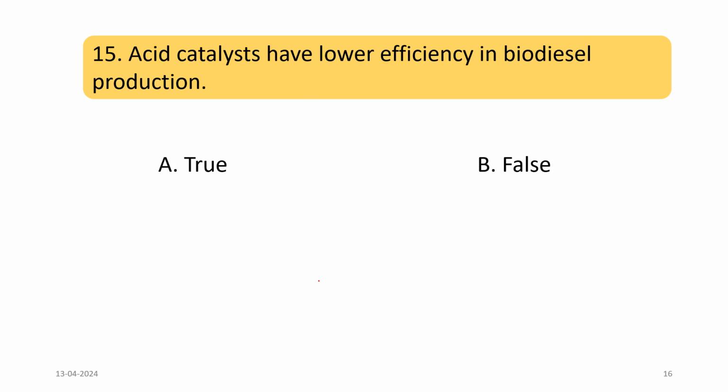That means the biodiesel production process can also use acid catalyst, right? Do they have lower efficiency or higher efficiency? The answer is true. That means acid catalysts have lower efficiency. That is why we prefer to use the alkali-based catalysts, that are sodium hydroxide and sodium methoxide.